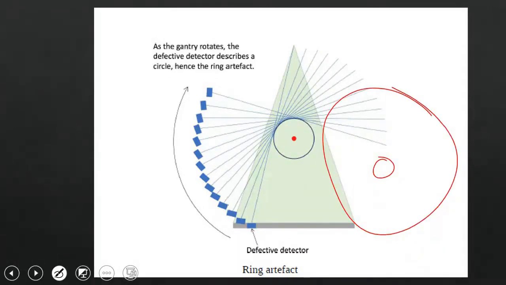This depends on the location of the detector. The detector's location relative to the row of detectors matters. If it is far away, for example, at the outer limit of the detector, then the ring will appear far away. But if it is in the center, the ring will appear in the middle. Sometimes some engineers suggest that they can change the module or move the detector from one place to another.